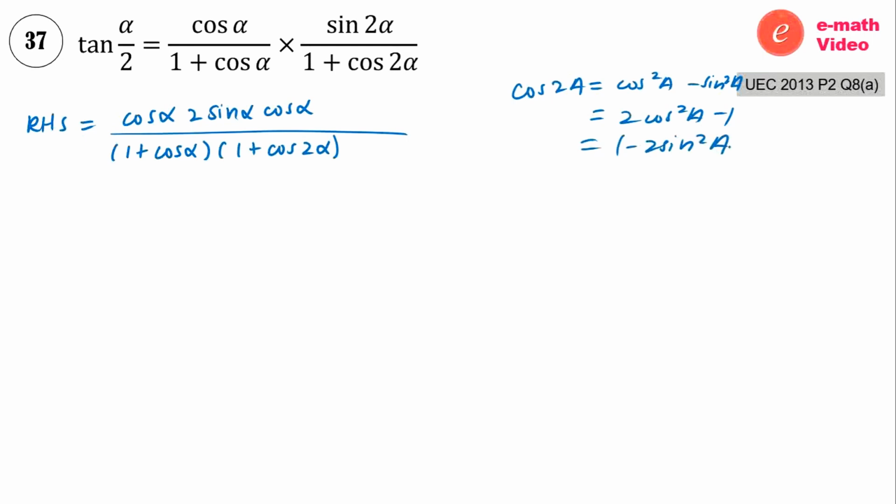Which one should we use? Look at it. We have a positive 1 here, and it's a positive sign here. We need a negative 1, so we choose the second one. I straight away put it into the bracket here: 2 cos square alpha minus 1.